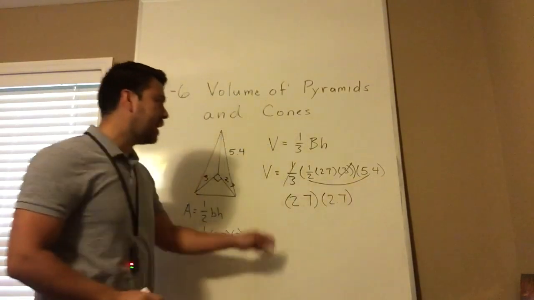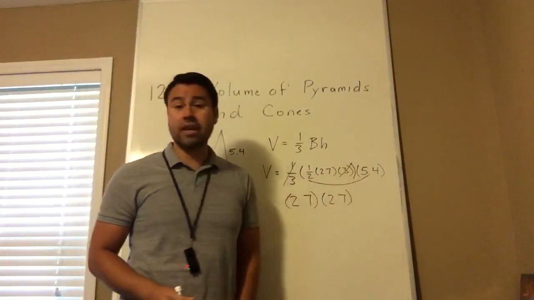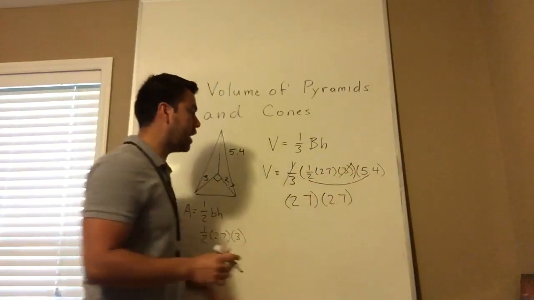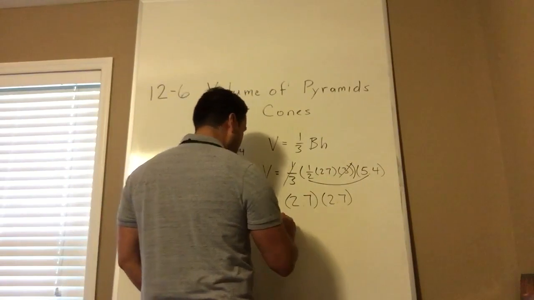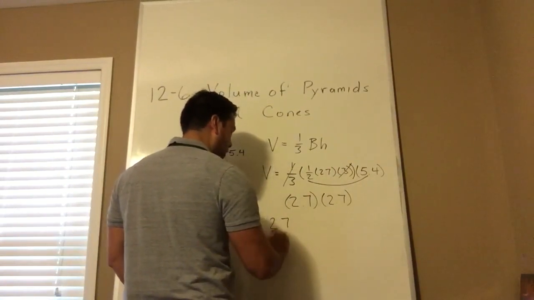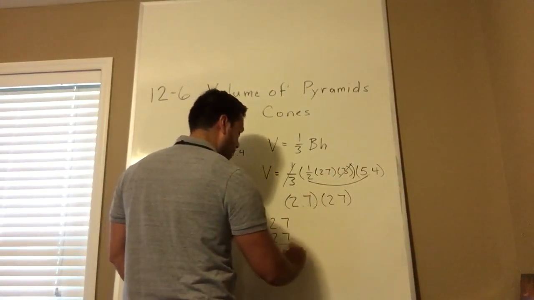So do you see, instead of multiplying all the numbers together, which you could have, you can cancel out common factors. And so we'll do 2.7 times 2.7.